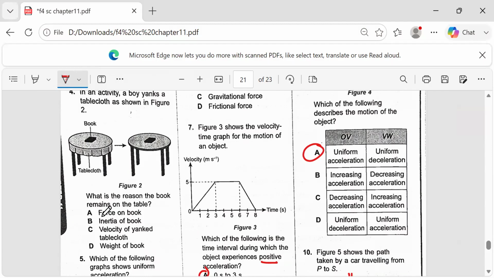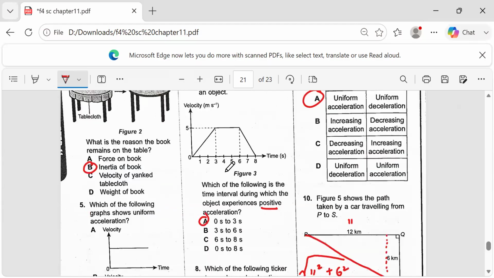So what's the answer? Inertia. Correct. You pull the tablecloth, you know the magician, it gets pulled out but the things on it stay. Okay, if you pull the tablecloth, the book is still there because the book is very heavy. There's inertia. Okay.